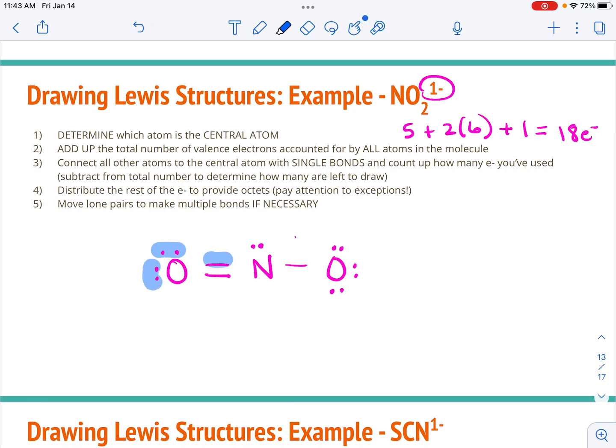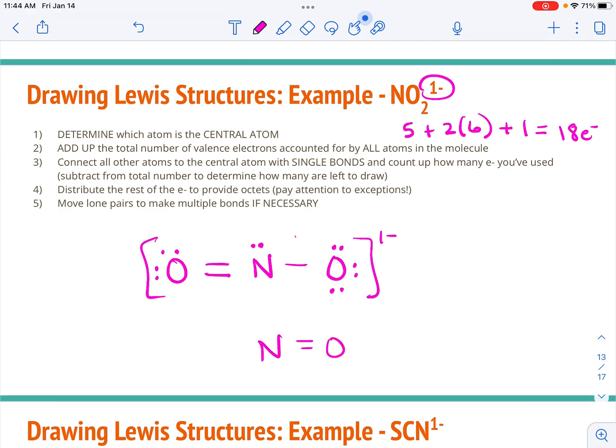And my total number of electrons is 2, 4, 6, 8, 10, 12, 14, 16, 18, which is what I'm allowed to draw. At that point, I can recognize that I need to put the brackets around this because it's an ion, and the charge. But you might have chosen, if you were doing this on your own, to draw it like this instead.